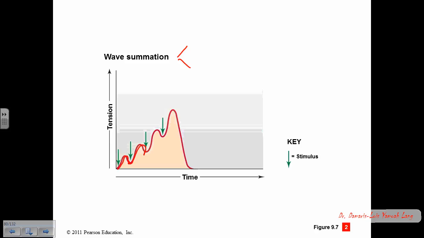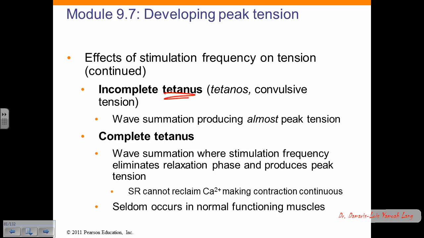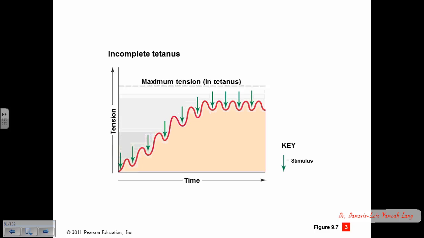So with wave summation, we can have incomplete or complete tetany. Incomplete wave summation looks like this. Do you see? It does wave summation, but now it will get to a time where all the cross bridges would have been formed. So it maintains what?